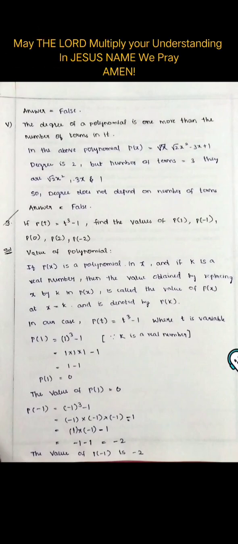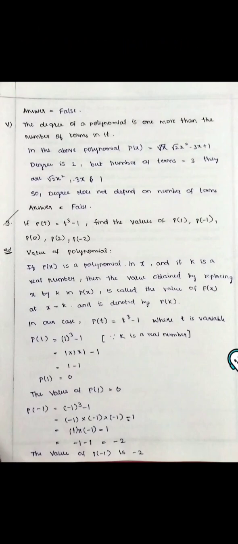p of t is equal to t cube minus 1. Find the values of p of 1, p of minus 1, p of 0, p of 2, p of minus 2. So in order to understand how these values work, first we'll understand the definition of the value of a polynomial. If p of x is a polynomial in x and if k is a real number, then the value obtained by replacing x by k in p of x is called the value of p of x at x equal to k, and it is denoted by p of k.